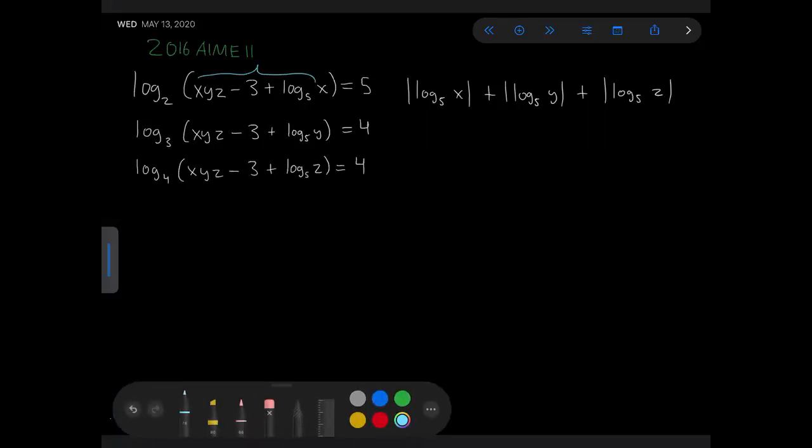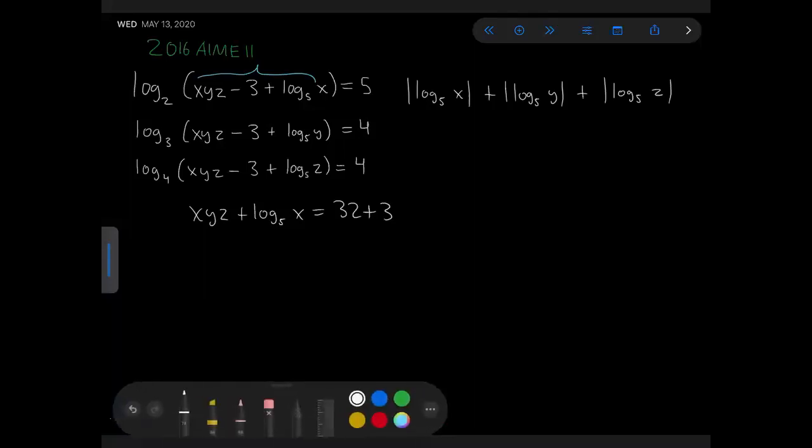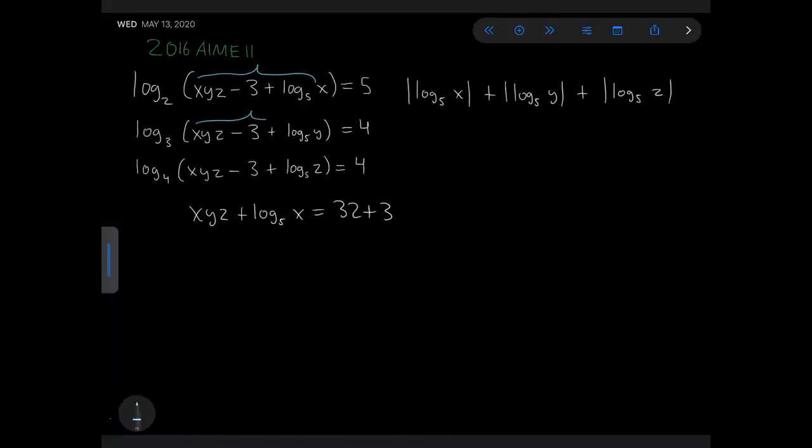So let's write that down. It's equal to 32, and then we'll just add the 3, because there's a 3 inside all of this, and we'll do the same for the rest of them. For our next example, this part is equal to 3 to the 4, which is 81.